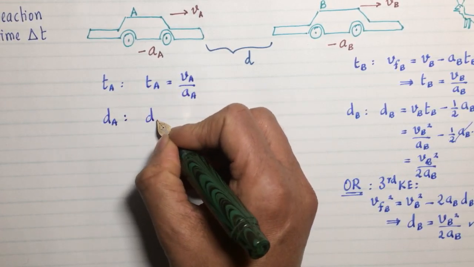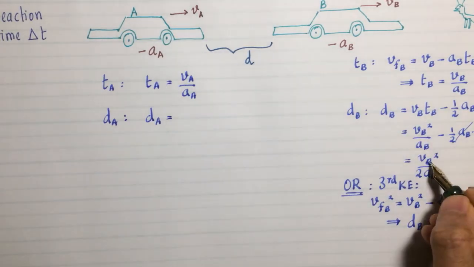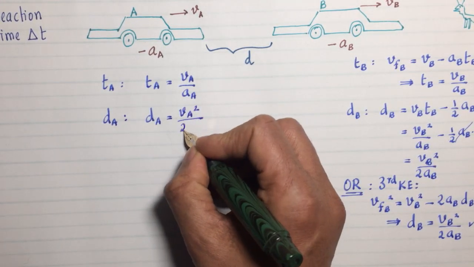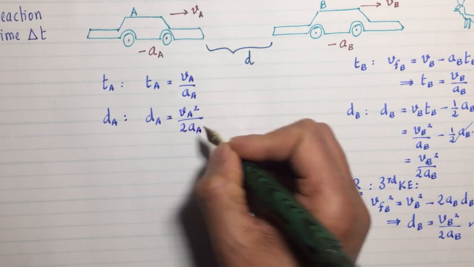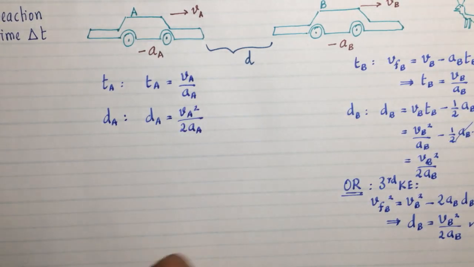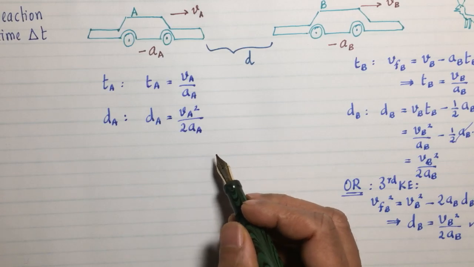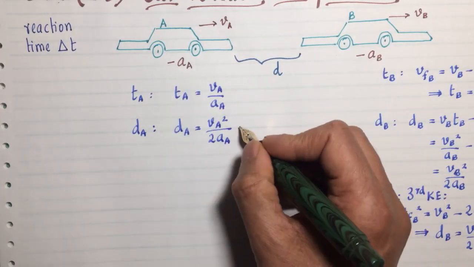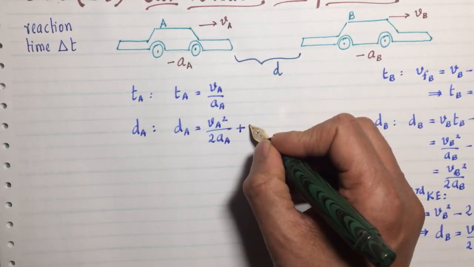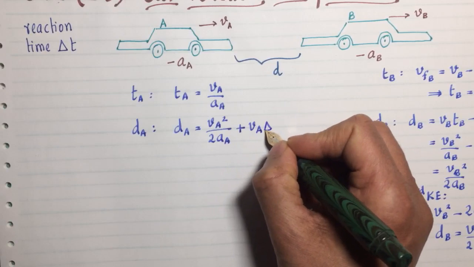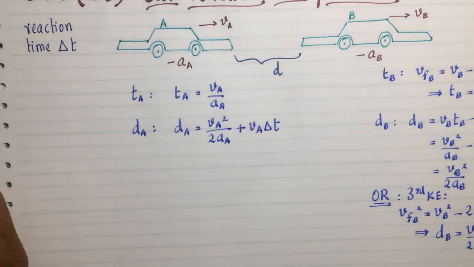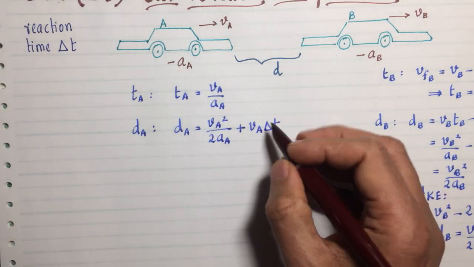You may think it's just v_A squared over 2a_A, changing B into A, but you have to take into account the reaction time. For a time delta t, car A does nothing. That's captured by simply adding that extra distance, v_A times delta t. So for a time delta t, he or she continues at the full initial speed v_A. This is sometimes called the reaction distance.